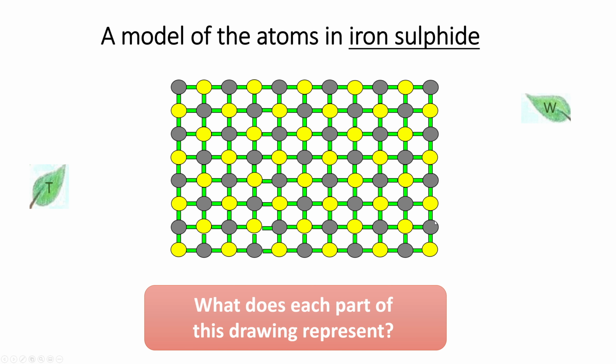Now, here we've got a model of iron sulfide. This is a visualization. If you could see the atoms, this is what you've got. I want you to pause it and think about what does each part of this drawing represent. Okay, so you should have thought about that, and hopefully you got 3 different parts of this drawing.